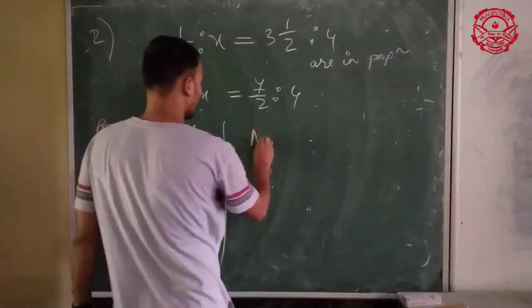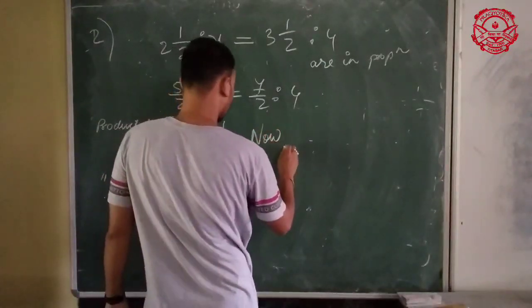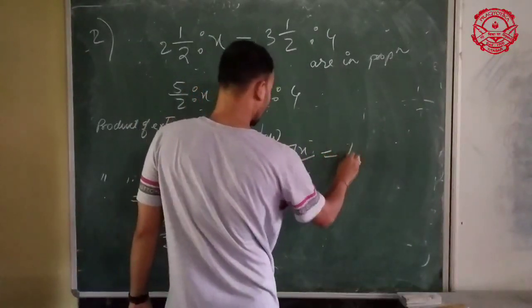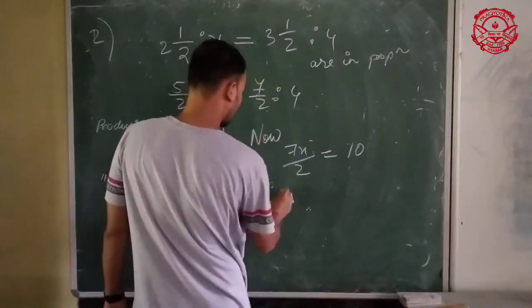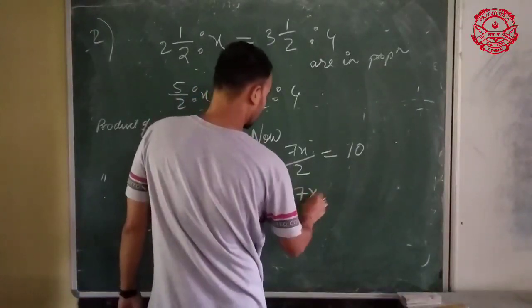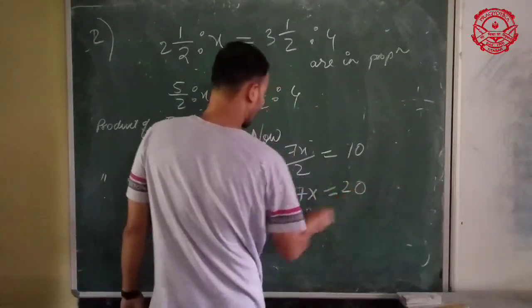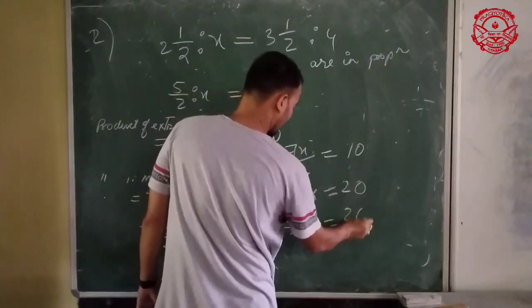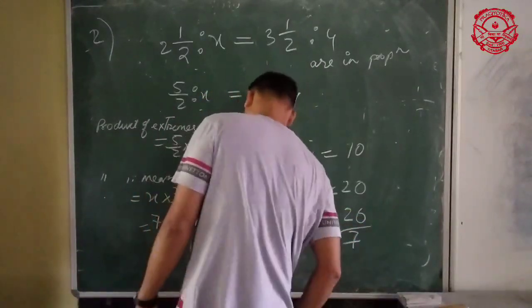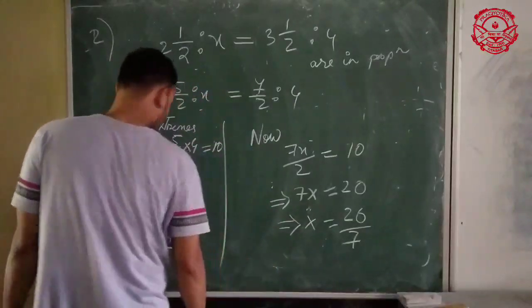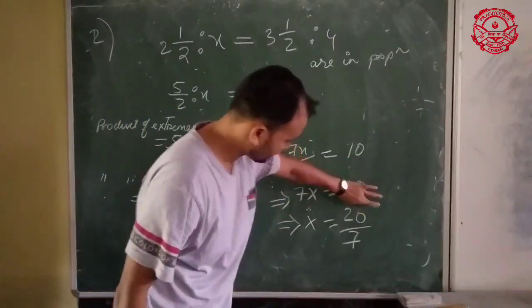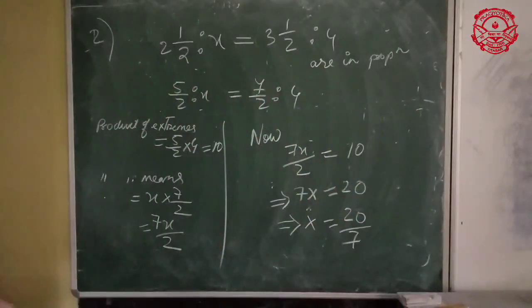Now 7x by 2 is equal to 10. This implies 7x equal to 20, or x equals 20 by 7. Yes, the value is x equal to 20 by 7. This is how.